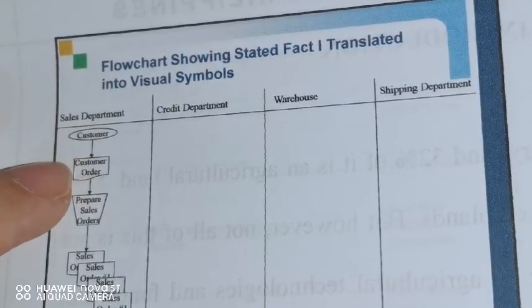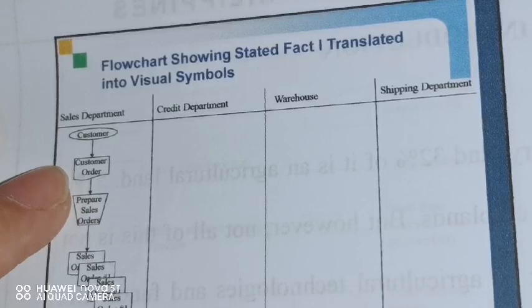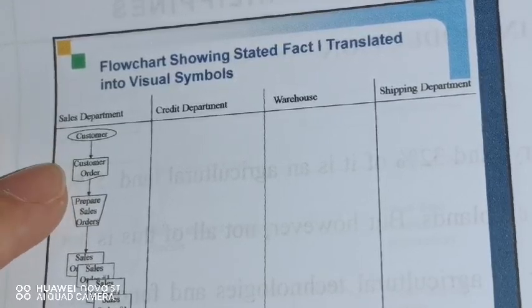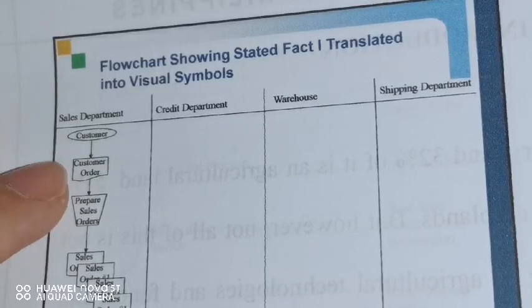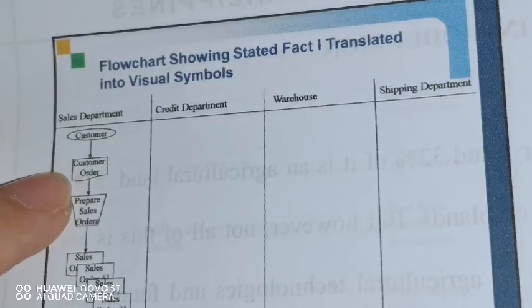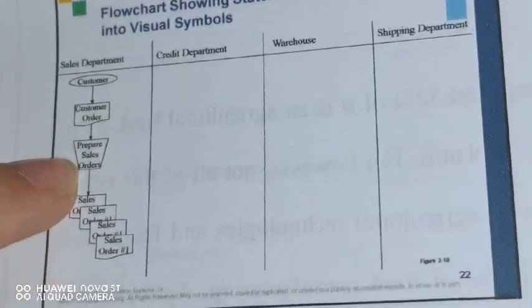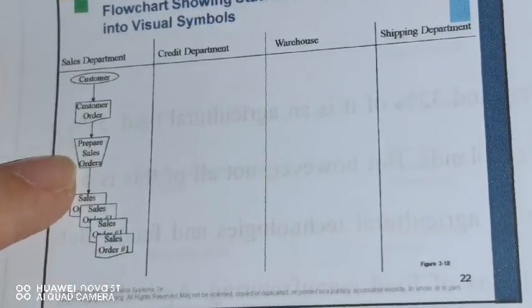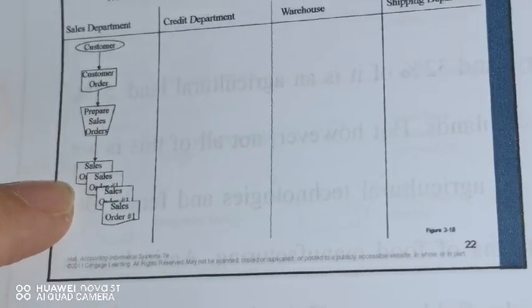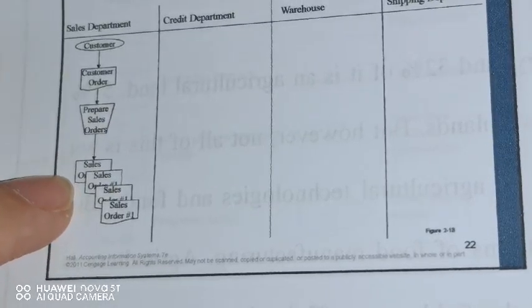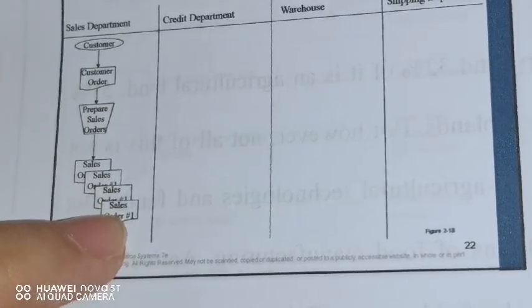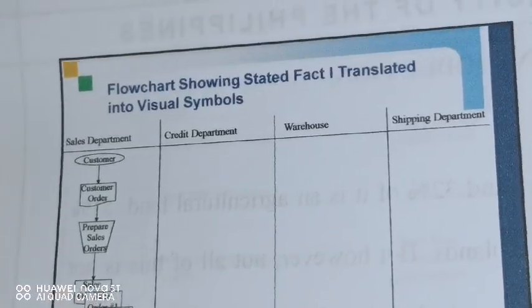And then the customer places an order. And then, when he places an order, ito naman yung symbol para dun sa process. And then, after that, the sales order will be prepared. And then, those sales order will have how many copies? 4 copies dito. Kasi nga, ano to manual ito. So, marami pa sa copies sila.